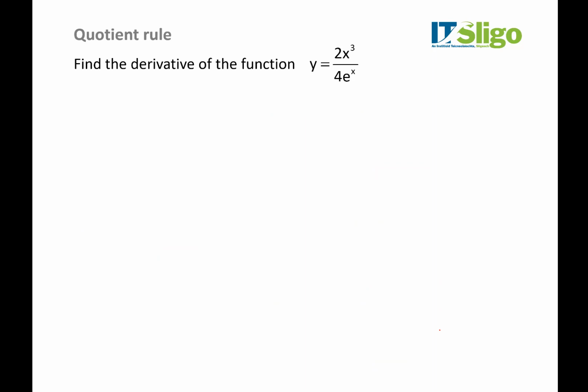We look at another example. Here again we have u as 2x cubed, and v is 4e to the power of x. Differentiate u: 6x squared. Differentiate v, which is itself. We've seen this in the product rule.